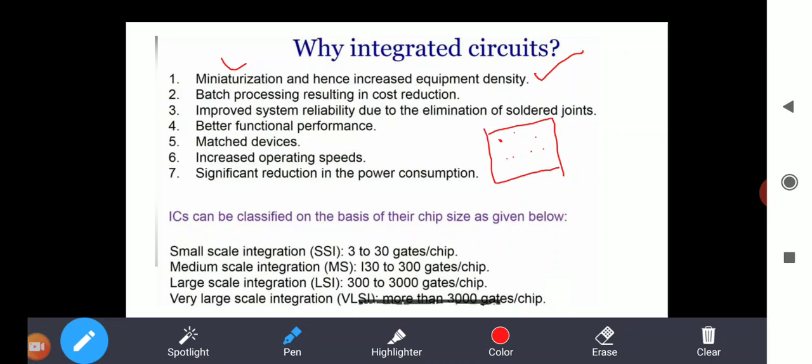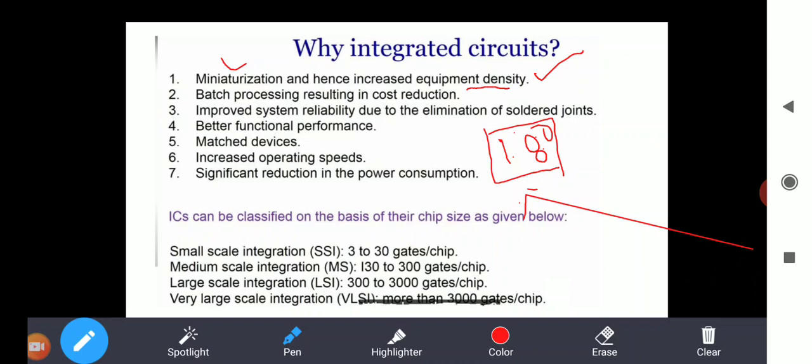Suppose in the chip we apply 100 transistors, and after integration using integrated circuit technology we apply 1,000 transistors in the chip, automatically the density of the equipment increases.